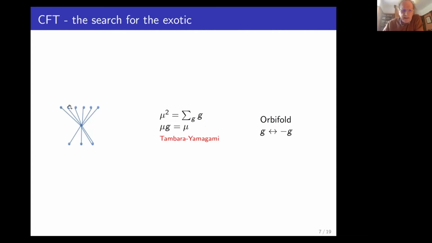If we identify a group element with its inverse, we then take the orbifold according to this symmetry. I'll do this in more detail later. And then it turns out that, at least for an odd number of elements, we get a modular tensor category. So I'm going to put these two things together later, the Haagerup and these Tambara-Yamagami orbifolds.